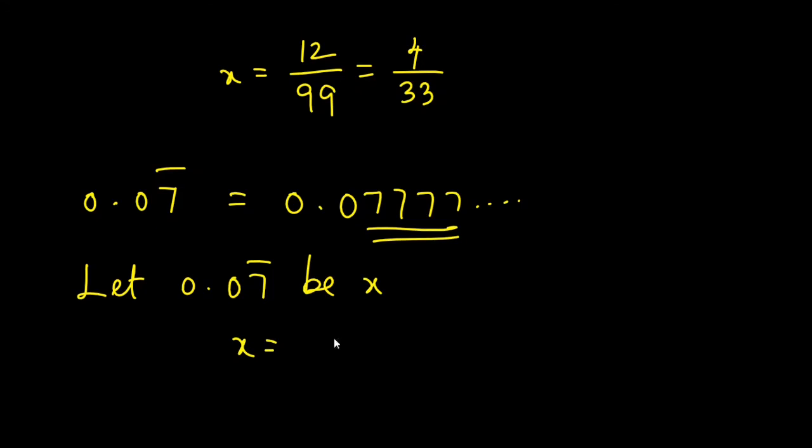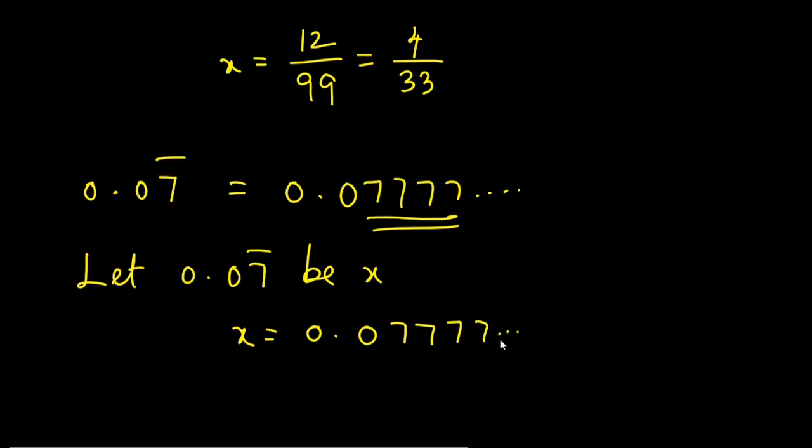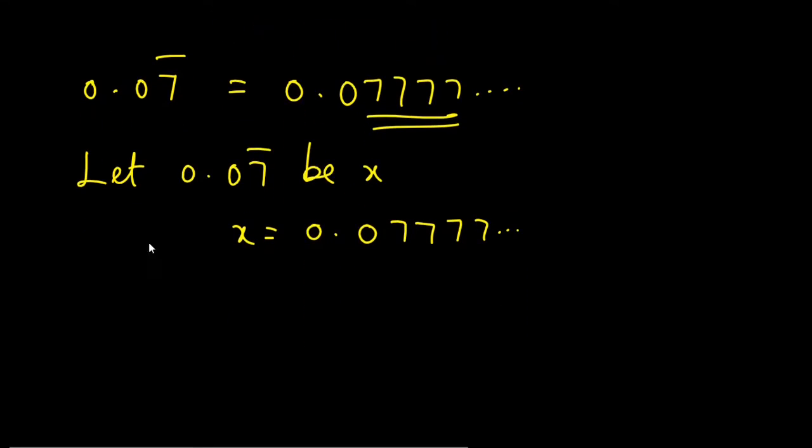So x is equal to 0.0777 like this. So here also the periodicity is 1. Only 7 is getting repeated. So we have to take 10x. 10x is equal to 0.777. It is repeated like this.